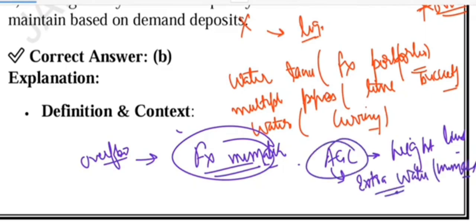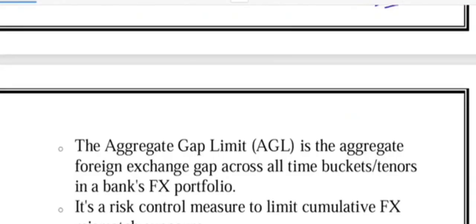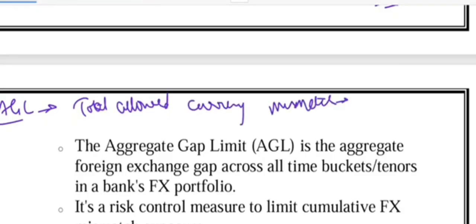That is what AGL tells you. So what we learned from this discussion, let us summarize: AGL is the total allowed currency mismatch in foreign exchange across all time buckets.